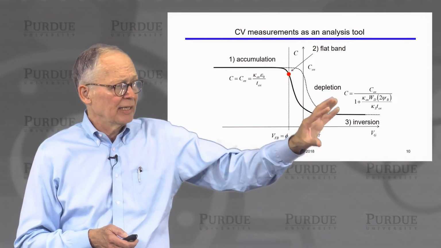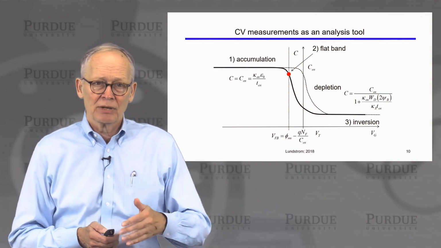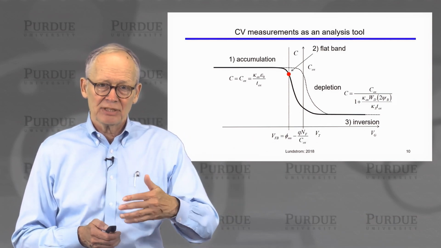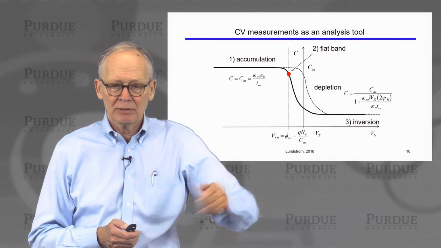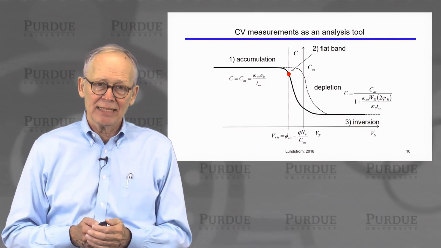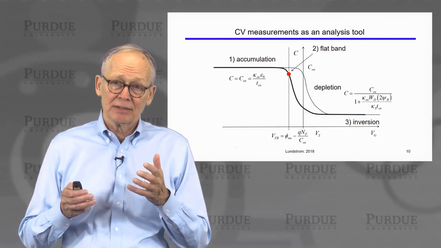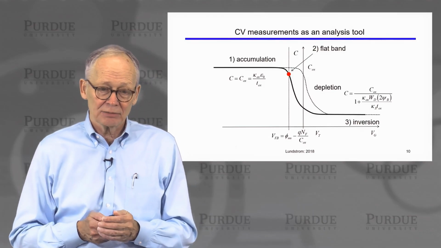If you go out to the inversion region, where the depletion region is now at its maximum value, the capacitance depends on psi b. Psi b depends on the doping density of the semiconductor.